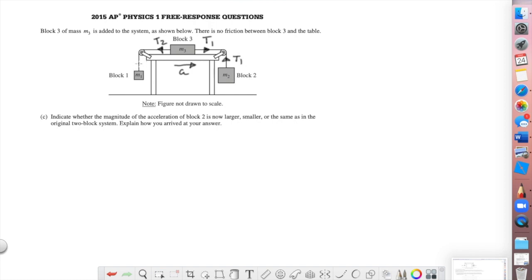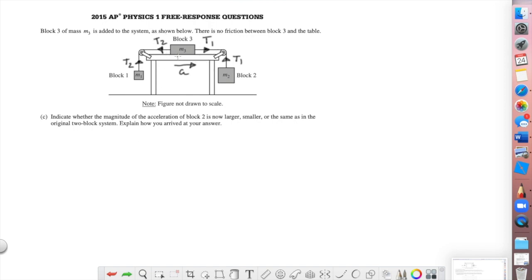And massless pulley, that means we're going to have T2 on this side as well. So the tension is no longer the same throughout the string because we have this third object here that needs to accelerate, and for block number 3 to accelerate to the right, T1 must be greater than T2.